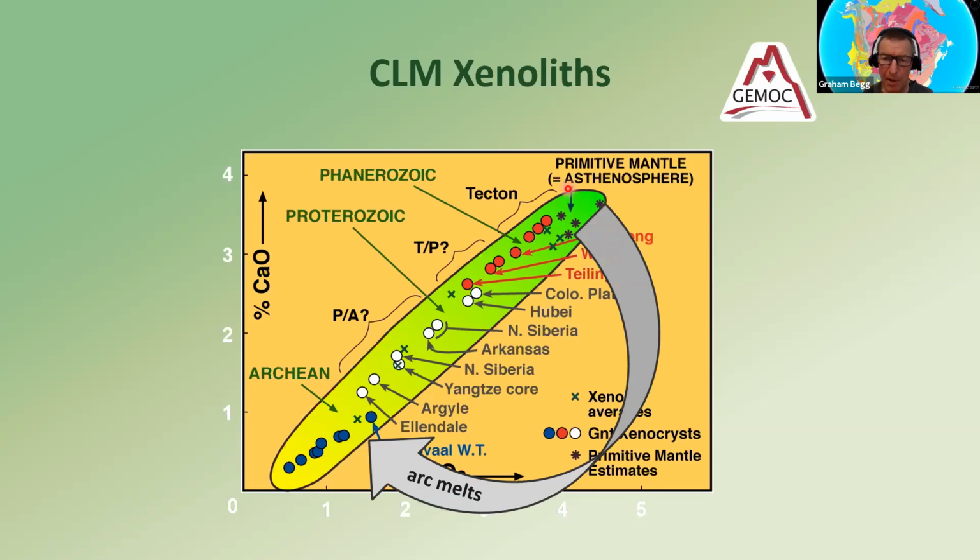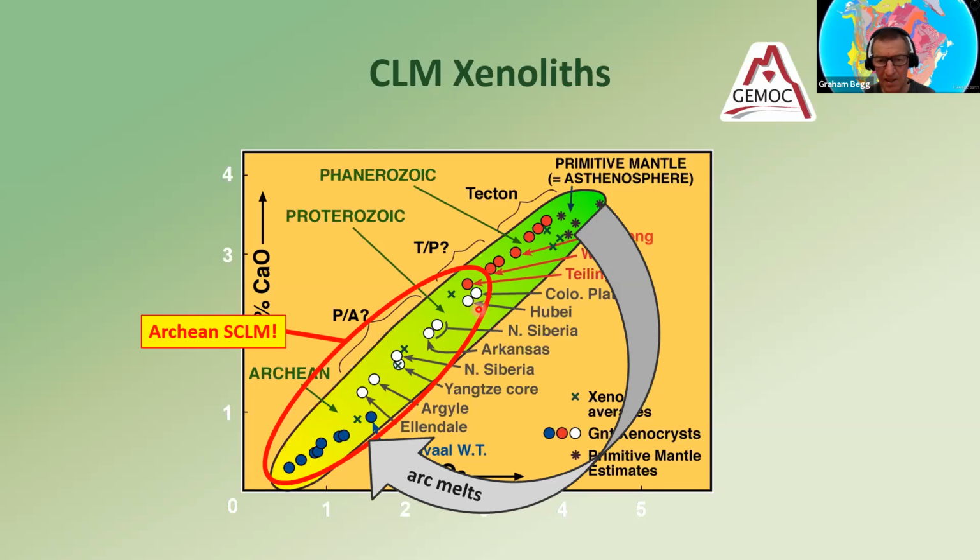So what we're observing here is the effect of refertilisation. Arc magmas are melting this convecting upper mantle, and those melts are being passed through these old roots on their way to the overlying crustal arc. And that process of feeding these melts through these depleted roots gradually changes their bulk composition. That's the process of refertilisation.